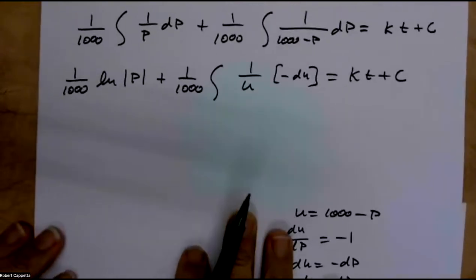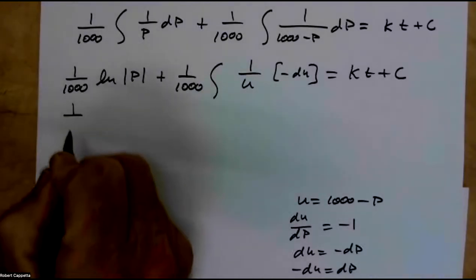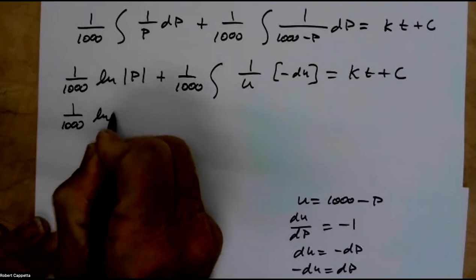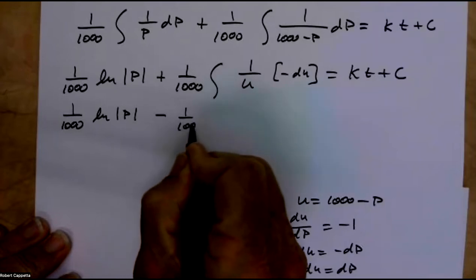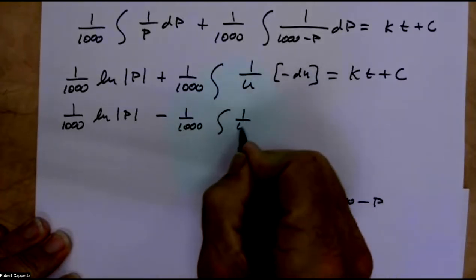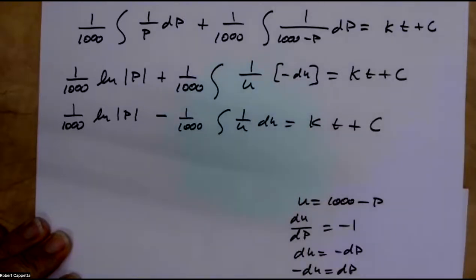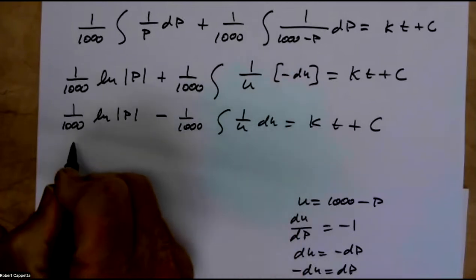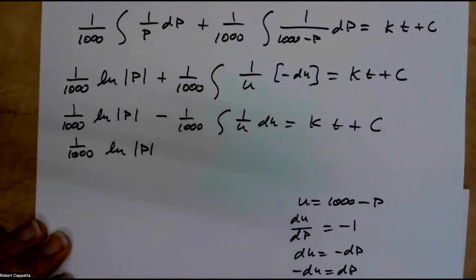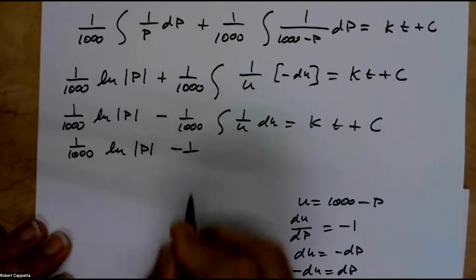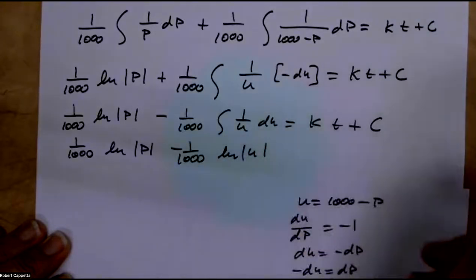We'll say that this is 1 over 1,000 log absolute P. This negative comes out in front, minus 1 over 1,000 integral 1 over u du. The integral of 1 over u is log absolute u. So 1 over 1,000 log P minus 1 over 1,000 log absolute u, plus C on the right side.